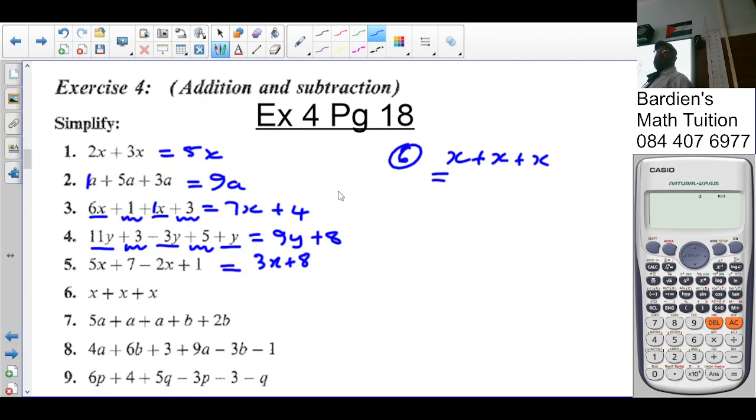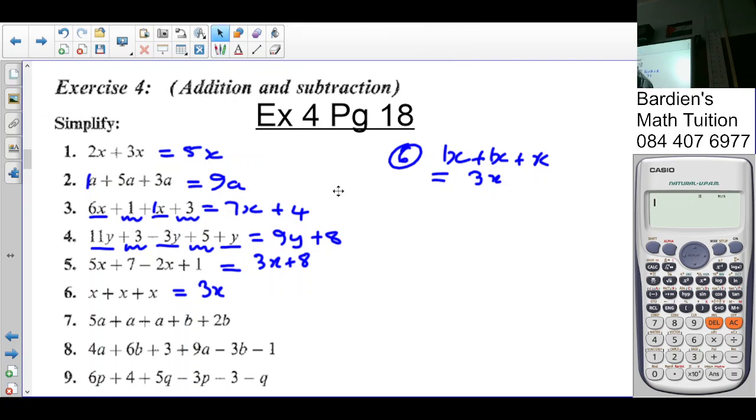I added an extra x. You got 4 x's. So your answer was 4x. So the answer is 3x. There's a 1, 1, 1. 1 plus 1 plus 1 is 3. x plus x plus x is 3x. Nice.